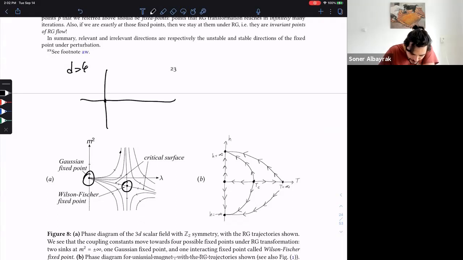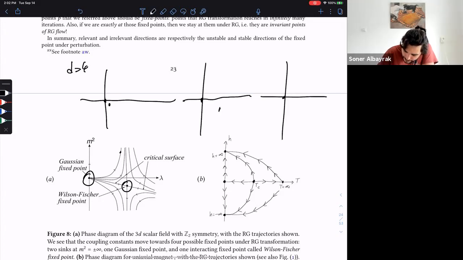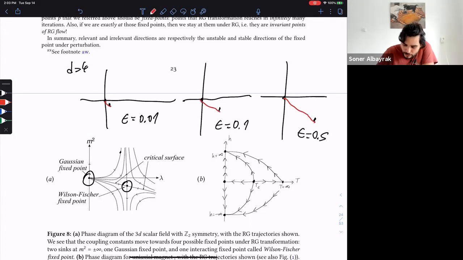So it moves like this. Let's say this is epsilon equal to 0.01, epsilon equal to 0.1, epsilon equal to 0.5. You get my point, right? So the Wilson-Fisher fixed point moves away from the origin as the dimension is 4 minus epsilon, okay?